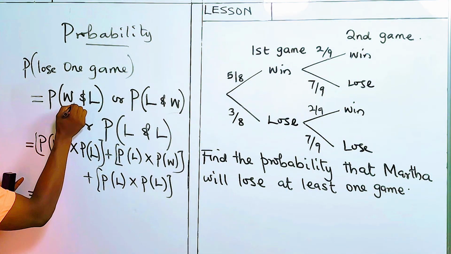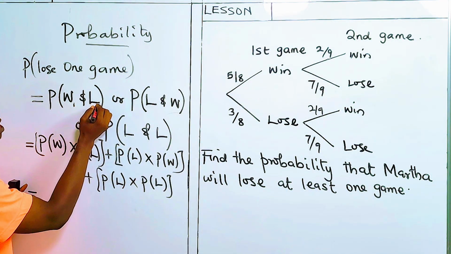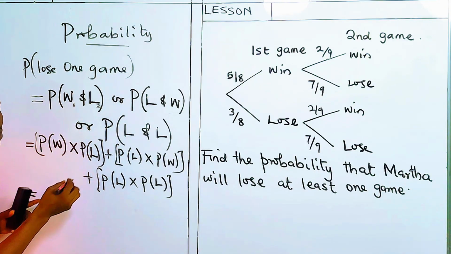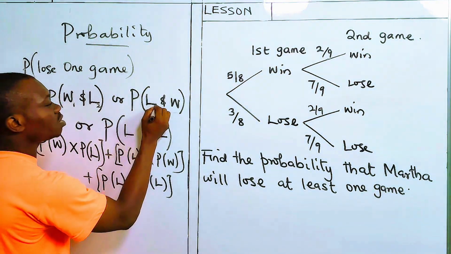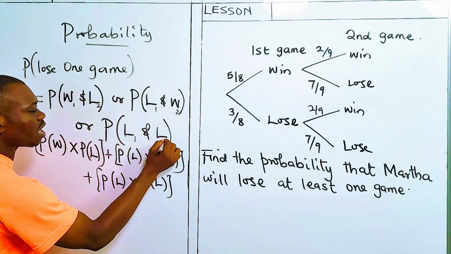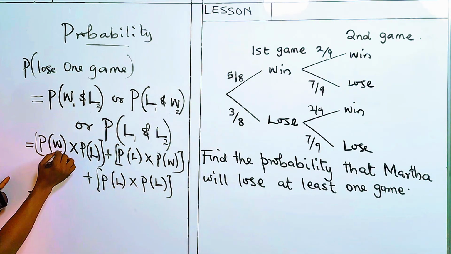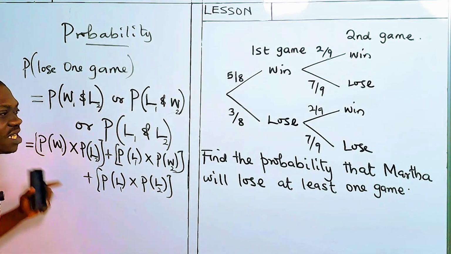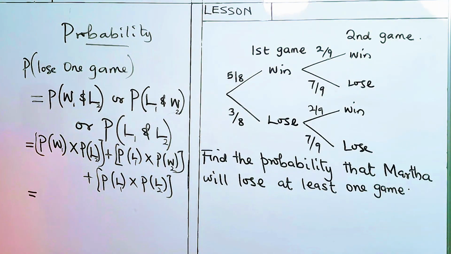This one is win 1 and lose 2, this one is lose 1 and win 2, and this one is lose 1 and lose 2, because their probabilities are different. So let's import what we are given.